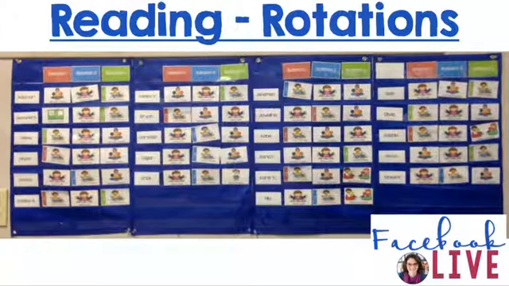station. So this is a picture of my rotation board, and this is having 3 different rotations. So you'll see a red, blue, and a green rotation up top, and then you can see some of the cards have a little color on the side of them, and those indicate some of them are in the wrong place, but they indicate which rotation those cards go with, because there's only a certain amount of computers or devices in the classroom, so I only printed a certain amount of cards with those colors on them.